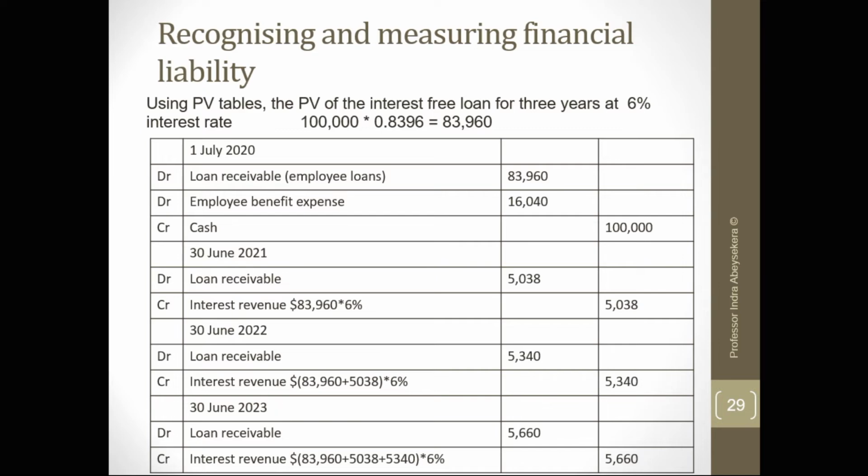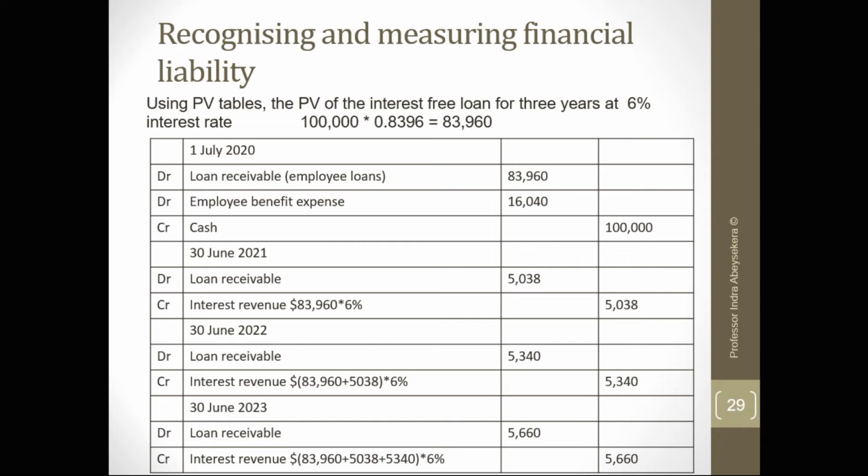So for the next year, 2022, the interest revenue is based on the loan receivable that's brought forward. So that loan receivable has now increased from 83,960 plus 5,038, and the interest revenue is calculated, and then there's a loan receivable for that period.